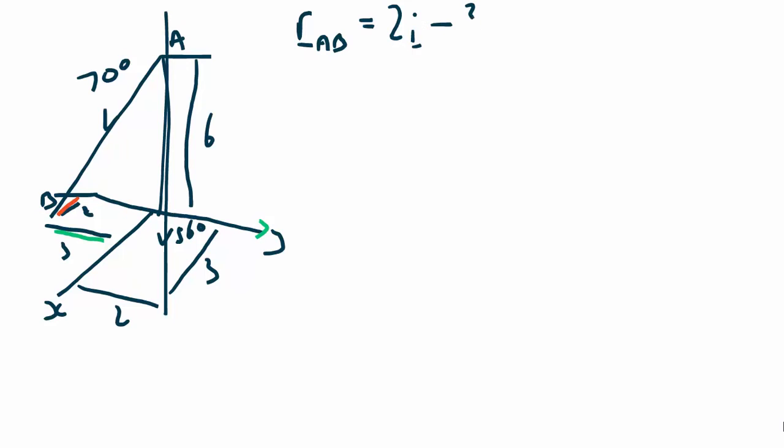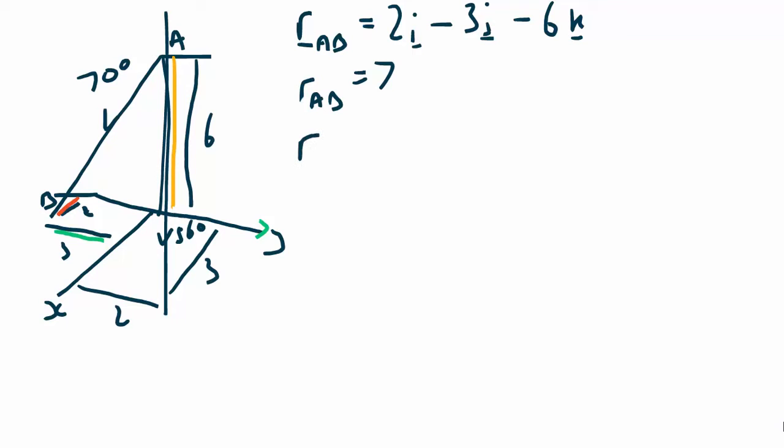So going backwards 3 meters, and in the z direction, going down 6 meters. So my distance, which is the same as before coincidentally, RAB, is going to be 7 meters.